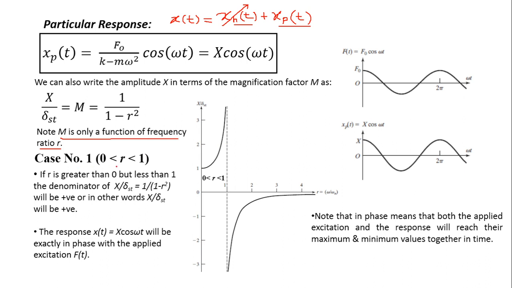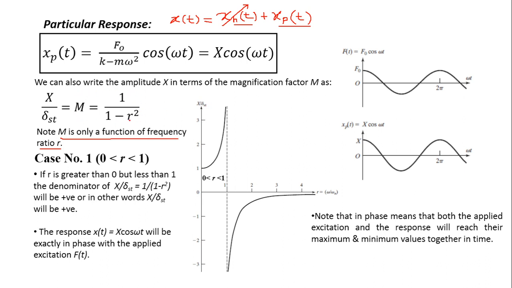Now case number 1 represents when the value of r is greater than 0 but less than 1. If you have a horizontal axis on which you define the frequency ratio r, and the vertical axis where you define the dimensionless amplitude, that is the magnification ratio or factor, you can plot this function.